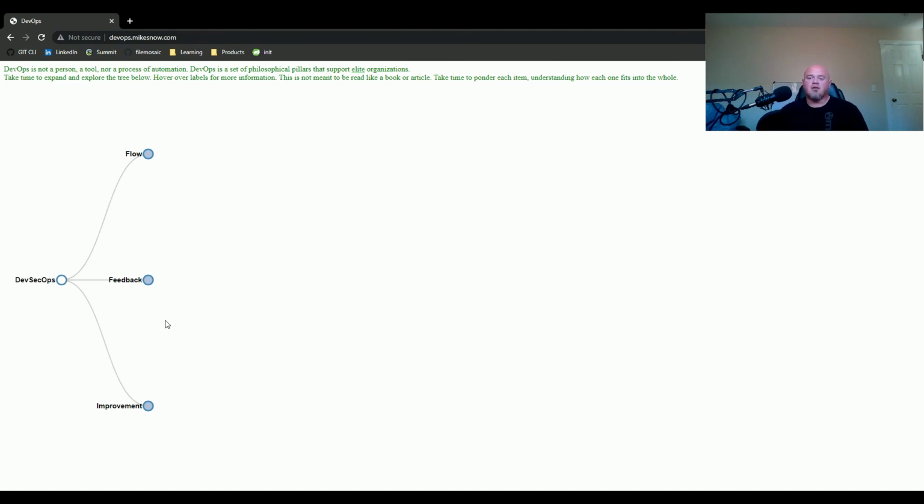Left shift security, left shift QA, as you're building stuff, you're testing stuff, both for quality and for security. And it's much easier to do it as you're doing it instead of waiting to the end and having a much bigger, much more complex problem set that may ultimately have to be torn apart because of maybe security issues or QA issues. So be mindful of left shift.